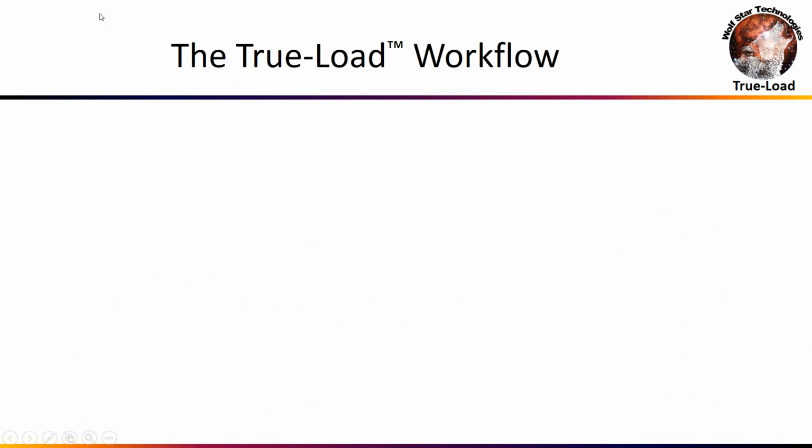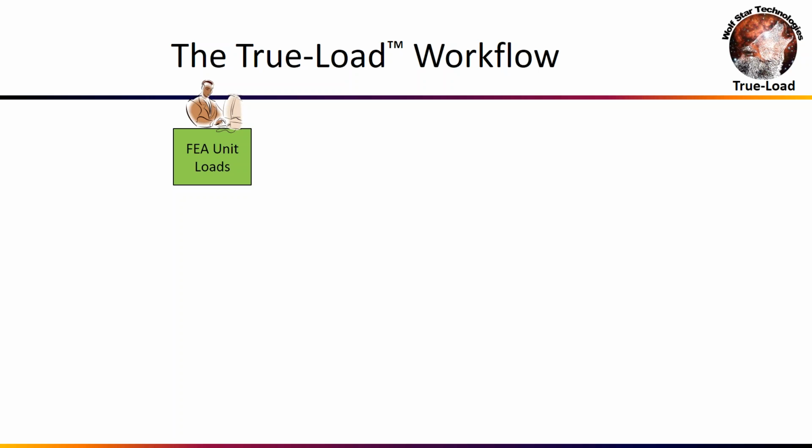So the workflow for TrueLoad goes like this. We start with an FEA model like normal, but rather than having you come in with one complex load on the FEA model, I'm going to ask you to decompose the loads into a series of unit load cases. So an X component of load, a Y component of load, a Z component of load, maybe a pressure load, maybe a thermal load, maybe an inertial load.